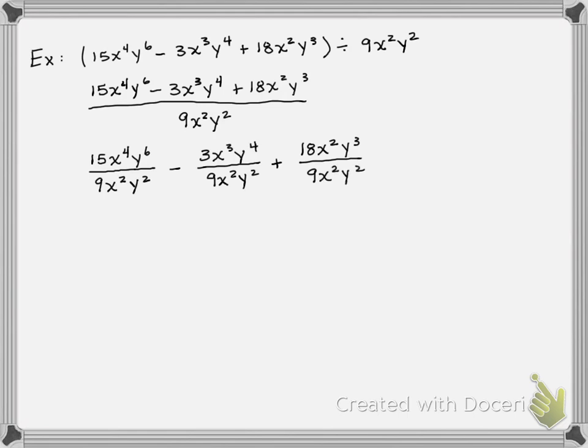And then, just like those last problems, we're going to look at this term by term. We don't have to do it all at once. So this first one, I have 15 over 9, which simplifies to 5 over 3.